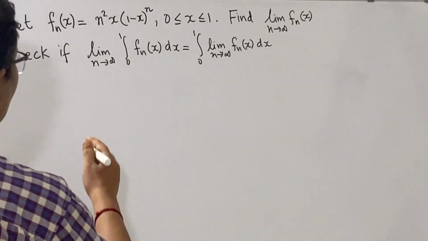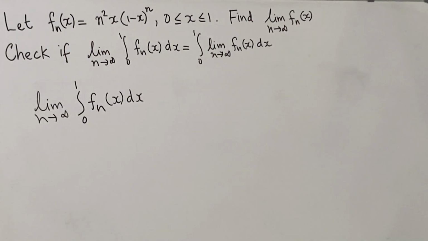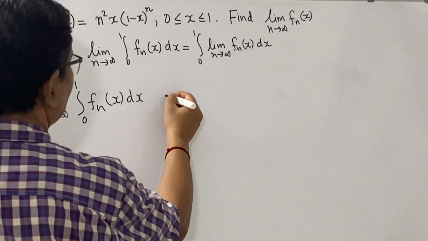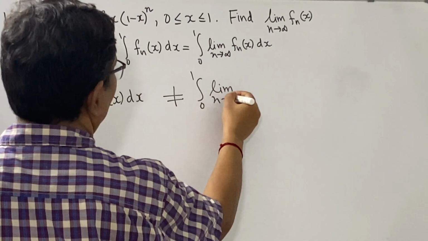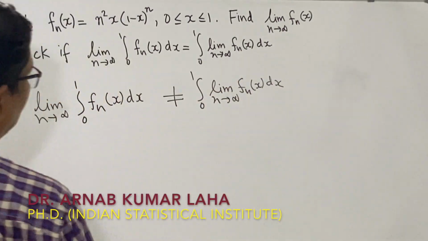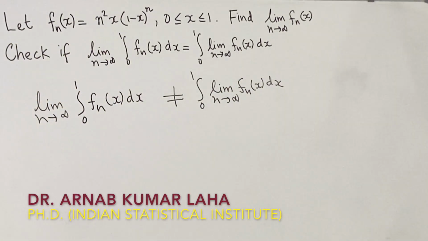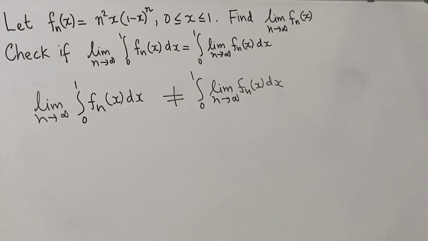So we can conclude the limit as n goes to infinity of the integral from 0 to 1 of f_n(x) dx is not equal to the integral from 0 to 1 of the limit as n goes to infinity. In other words, the interchange of the limit and the integral is invalid for this function.